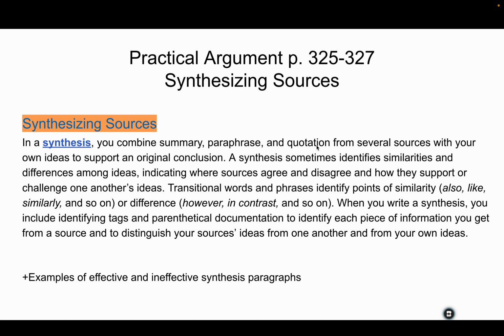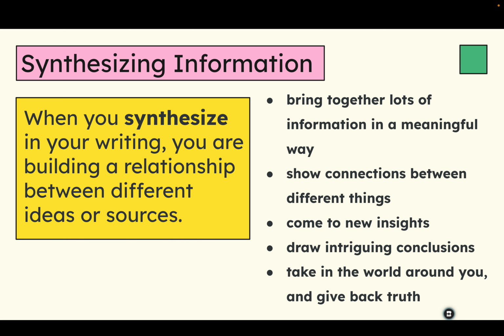We also use transitional words and phrases to identify points of similarity or points of differences. So we always identify the sources and we kind of talk about how the sources are working together. The textbook also has some examples of effective and ineffective synthesis paragraphs, and those are important to notice too.